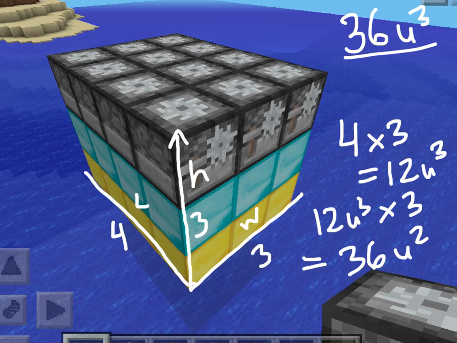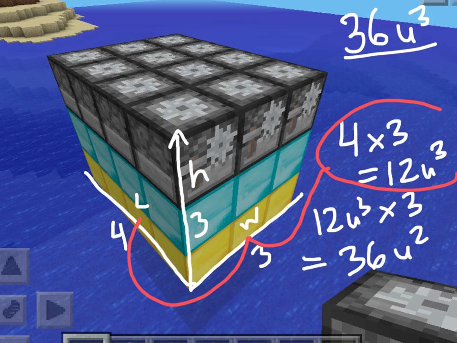Again, look what I did here. This part of the equation is the length times the width. Okay? And then here, where I've multiplied by 3 again, this refers to the height because this prism is 3 units tall.